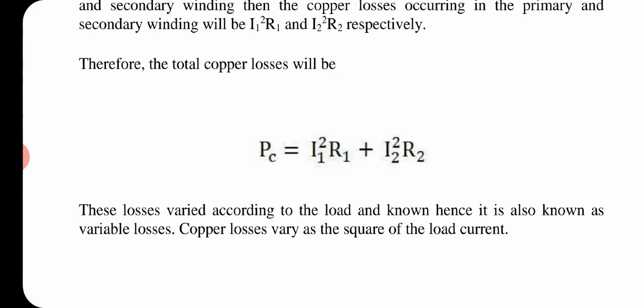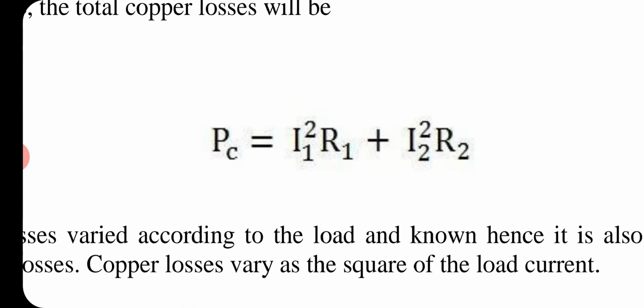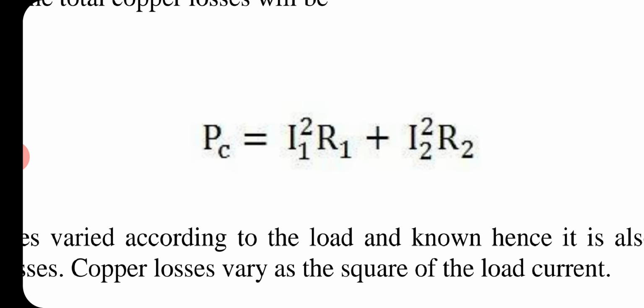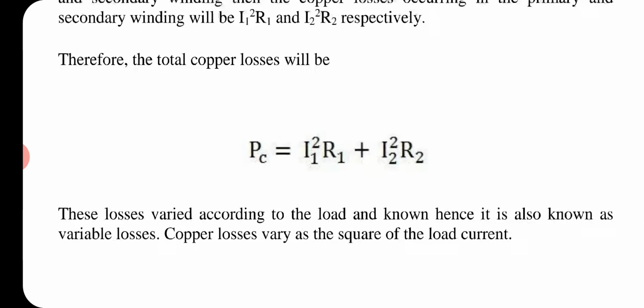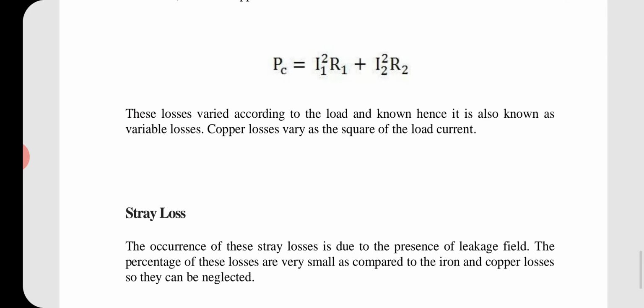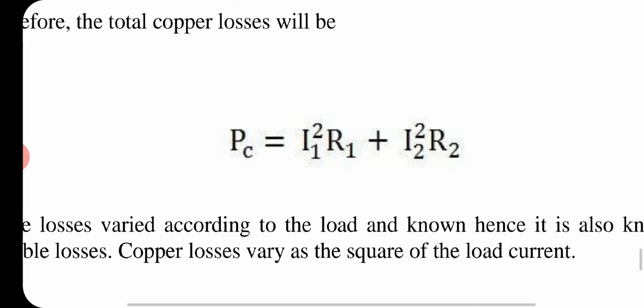When we talk about total copper loss, it is the sum of the copper loss in the primary winding, that is I1 square R1, and the copper loss in the secondary winding, that is I2 square R2. So this is the total copper loss. And how can it be reduced?